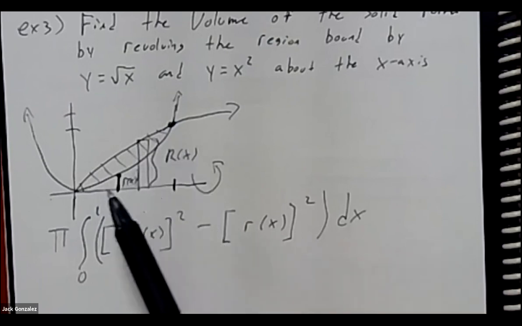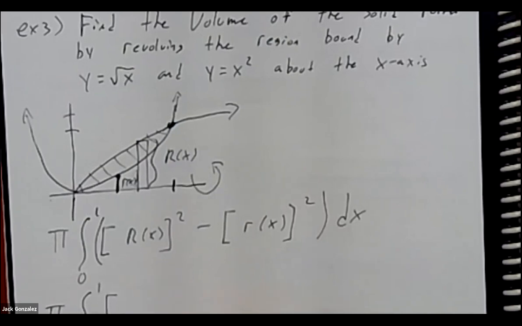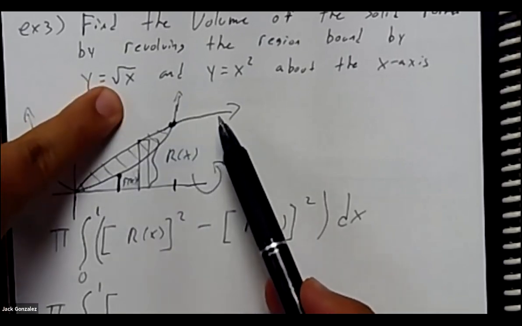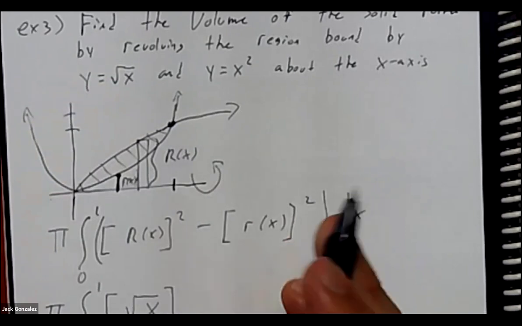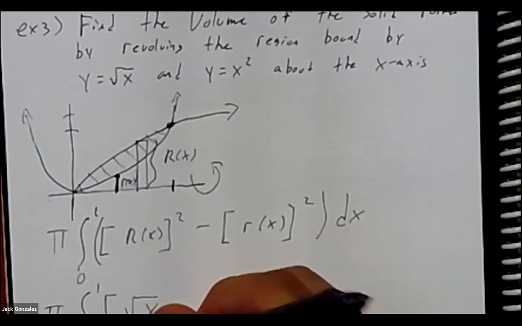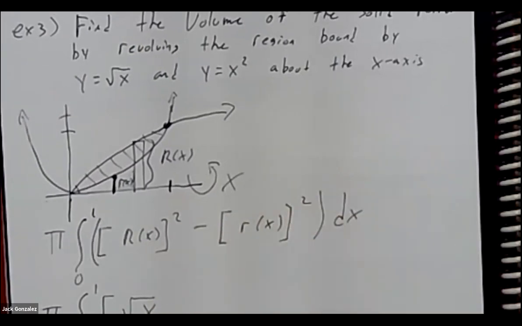So what is that top function? Right, the top is square root of x. Minus what's at the bottom? What is the axis of rotation? 0.